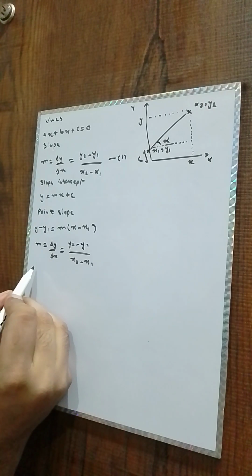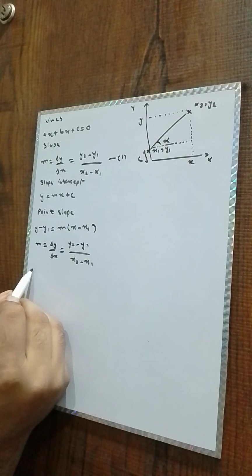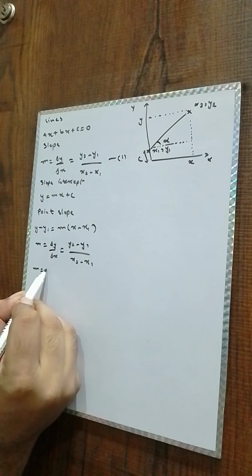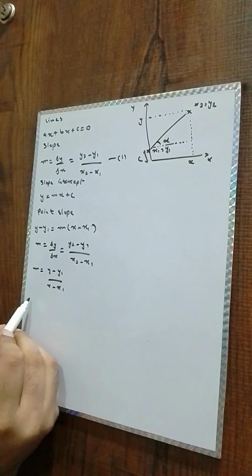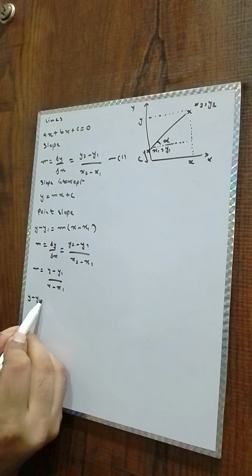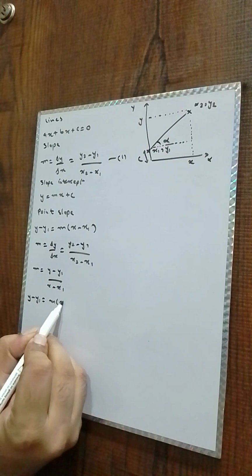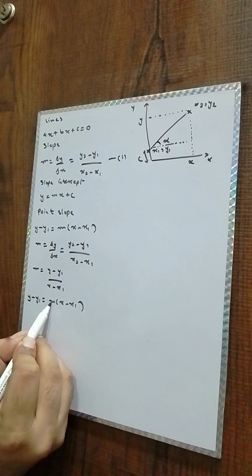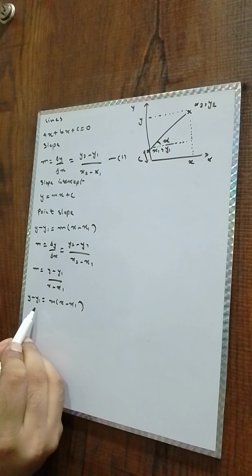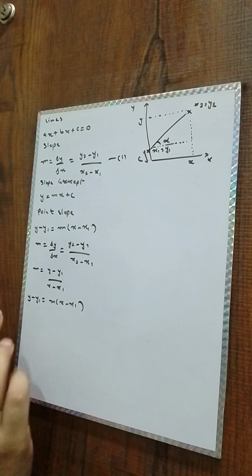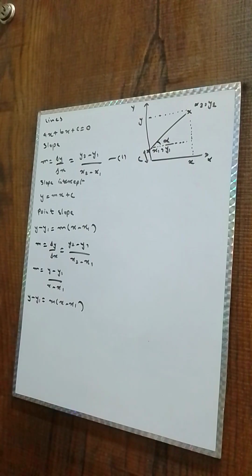For the second point we can put the general version, y minus y1 and x minus x1. So the form becomes y minus y1 is equal to m into x minus x1. We have the slope and x1 y1 for the first point, and for the second point xy we use this mathematical form.